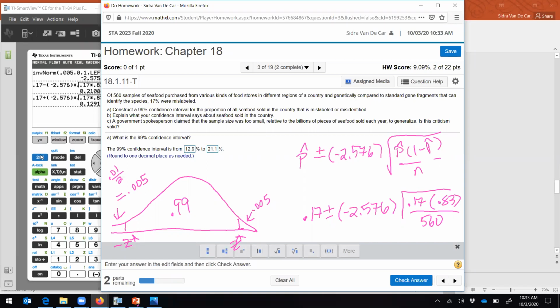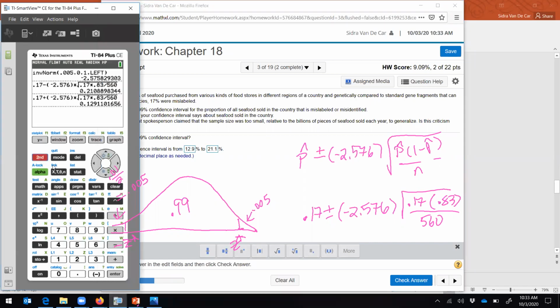So on your calculator, you're going to hit second. No, you're not. You're going to hit just the stat key. Oops, I did it again. Okay, so our stat key, and go over to tests.